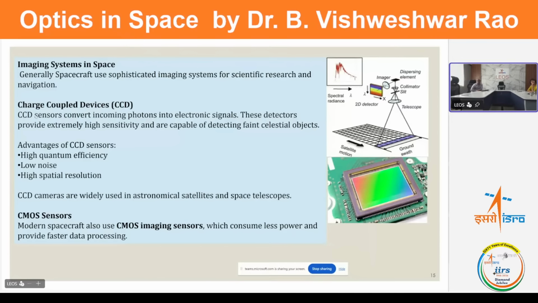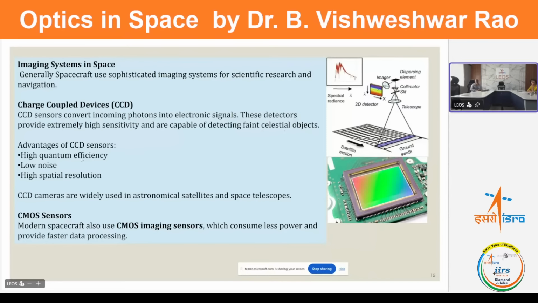These are sensors, charge coupled devices, which convert the incoming photons into electronic signals, and these signals are extremely sensitive and can detect faint celestial objects. Firstly they were used for Earth observations, where we can get high resolution images. Then they were used for celestial object detection.